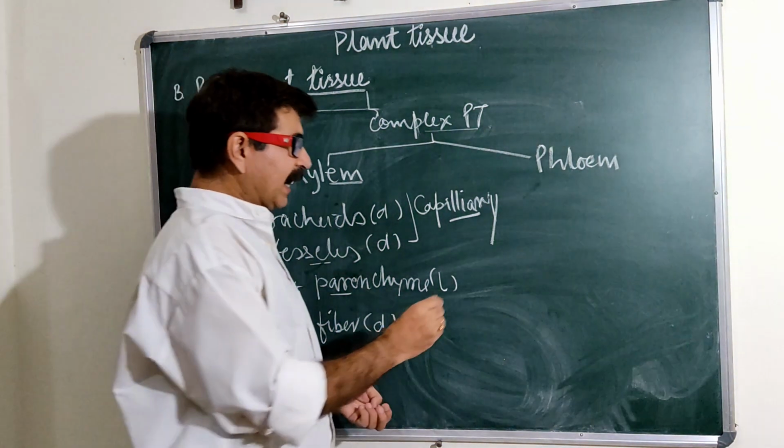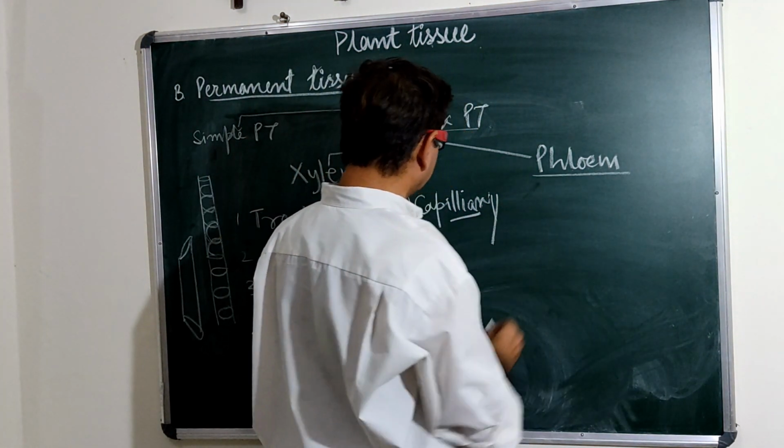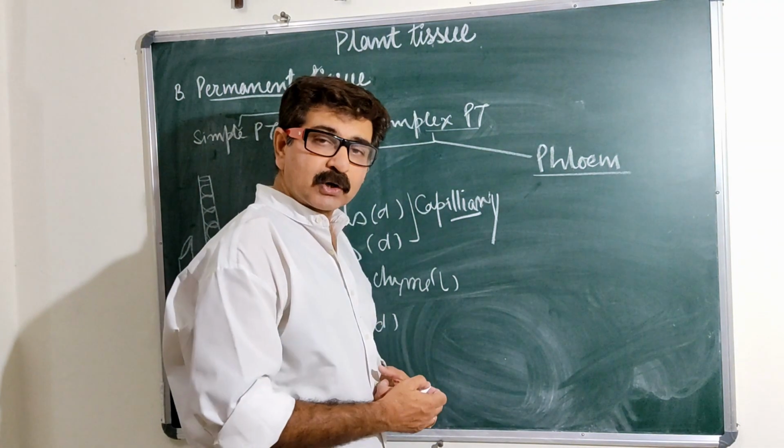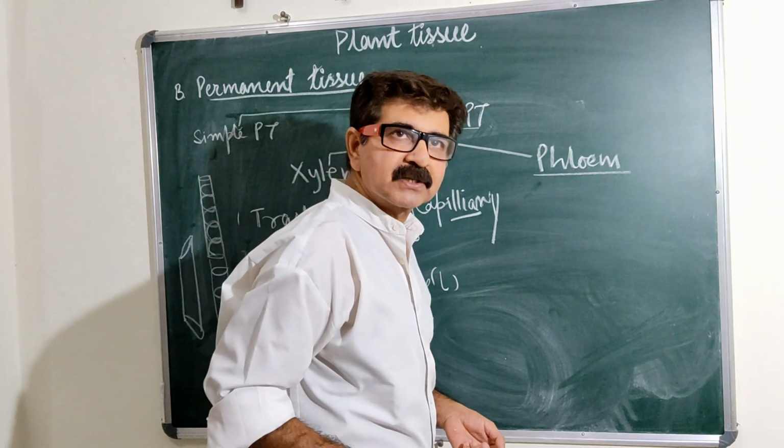Then we have another kind of tissue known as phloem tissue. Phloem, most of the cells are living. It is also composed of 4 types of cells.